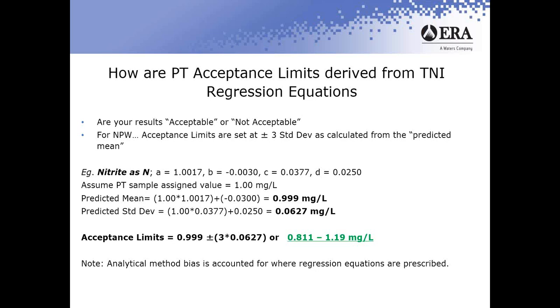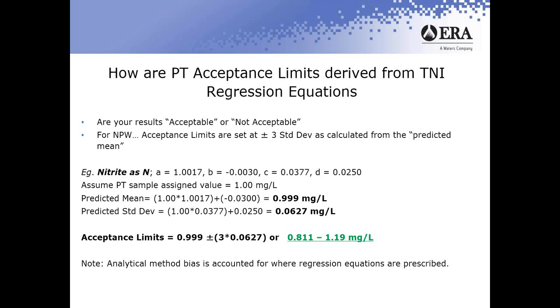So for the predicted mean, you take the assigned value that the PT provider starts out with, 1 milligram per liter, multiply it times the A factor, and then add the B factor. That gives you a predicted mean of 0.999 milligrams per liter.